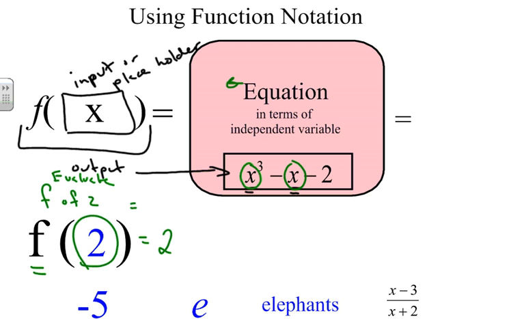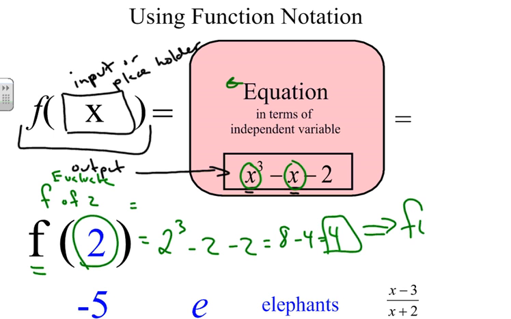So we have 2 cubed minus 2 minus 2, which would be 8 minus 4, which is 4. So f of 2 equals 4. Plug in 2, we get out 4. Input, output.